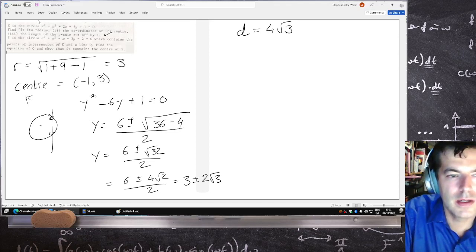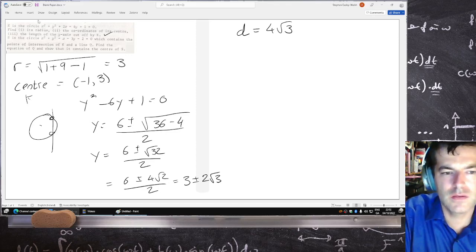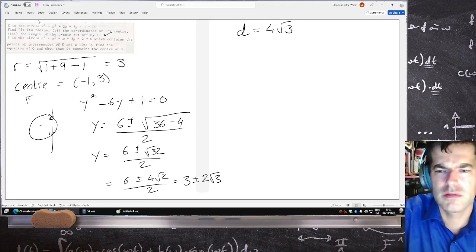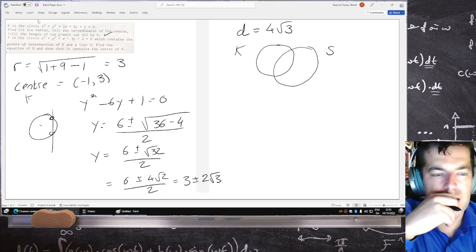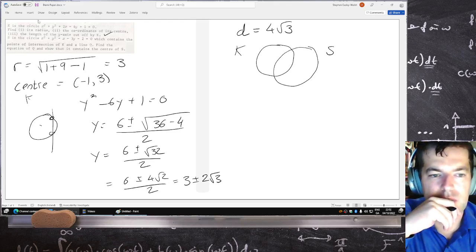Okay. S is that circle, which contains the points of intersection of K and the line Q. Find the equation of Q. Okay, so we've got circle K, circle S. S is the circle which contains the points of intersection of K and the line Q. We don't know what Q is.